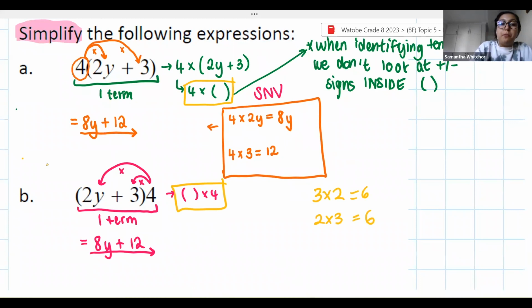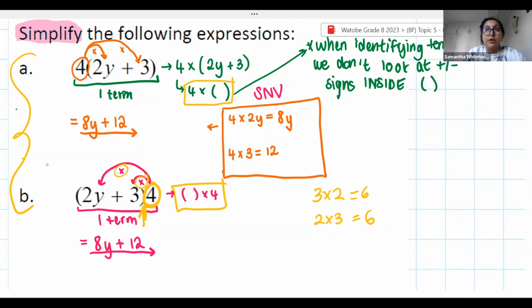And so the point of these two examples, A and B, is to show you that the order in which we multiply doesn't matter. And so it doesn't matter if your coefficient is sitting at the back of the bracket. As long as there's no sign in between that number and the bracket, you are still multiplying into your bracket.